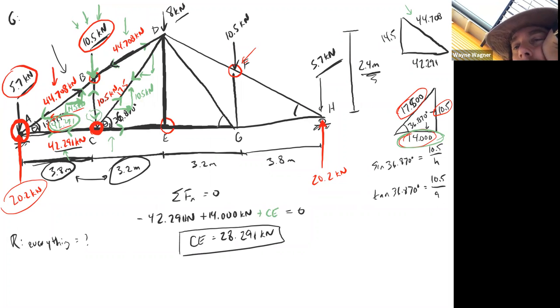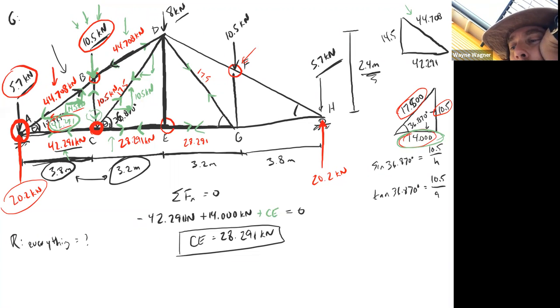I can say this is 28.291 kilonewtons in red. Now from there, I can use symmetry through the rest. I could basically copy these numbers over, 28.291, and this one's going to be 17.5, et cetera. You could just copy the mirror image over.